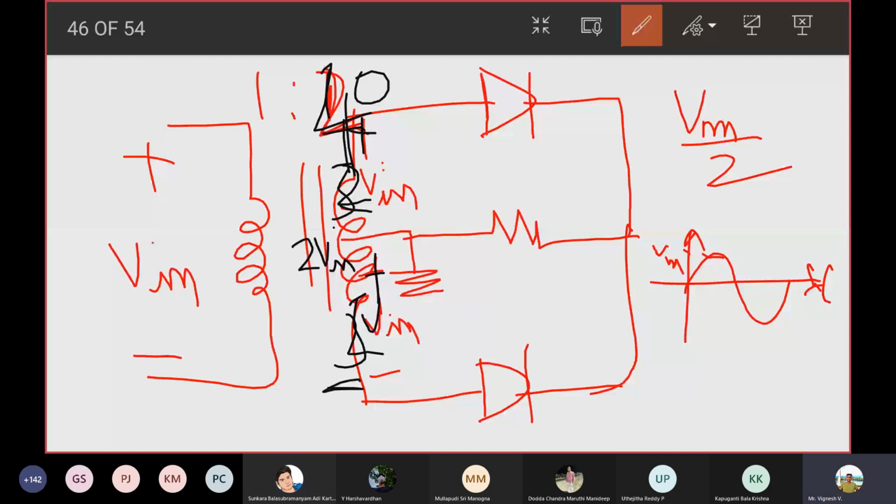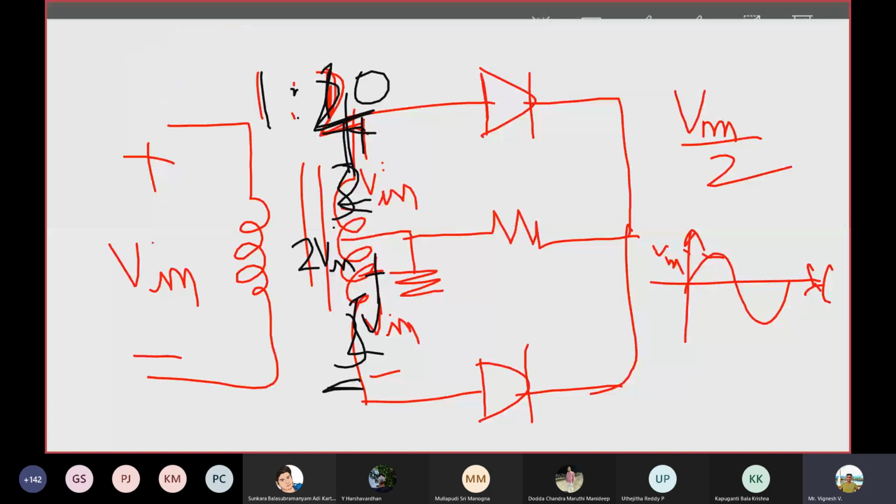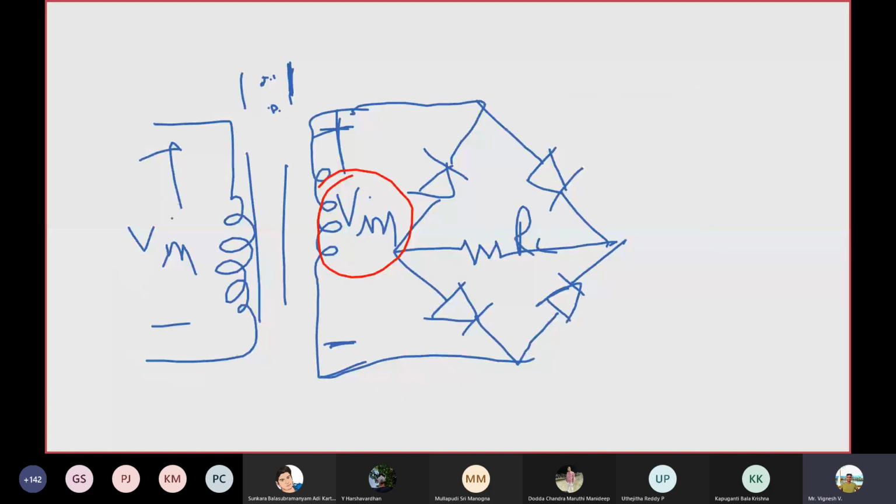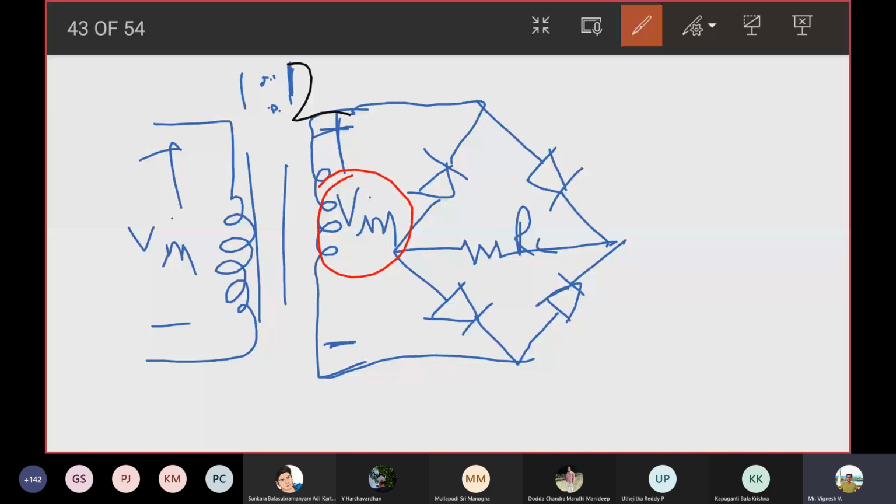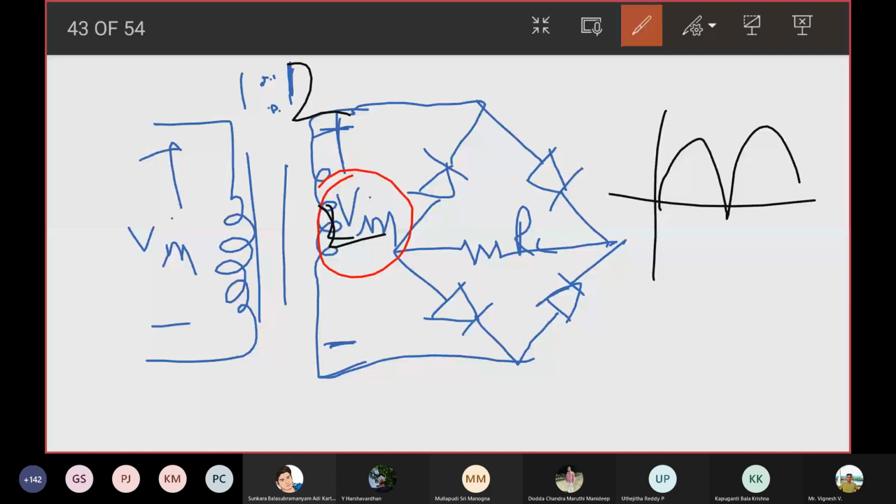Now, I can tell that instead of using 1:2 here, if I use the same turns ratio as 1:2 for a bridge rectifier, what is the peak that you will end up getting? If I use 1:2 here, this will be 2 times Vin. If there will be 2 times Vin, the peak would be 2 times Vin, no? Yes, 2 times Vm, right?